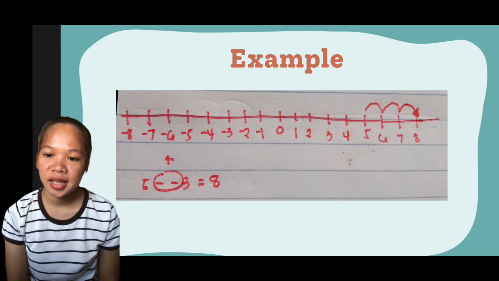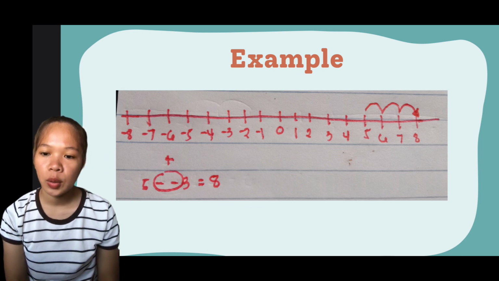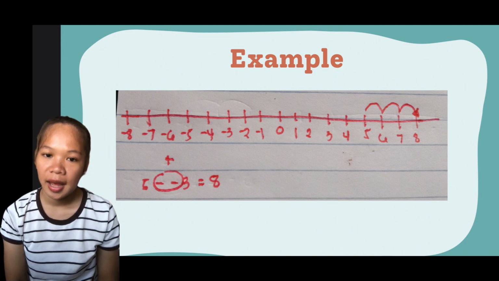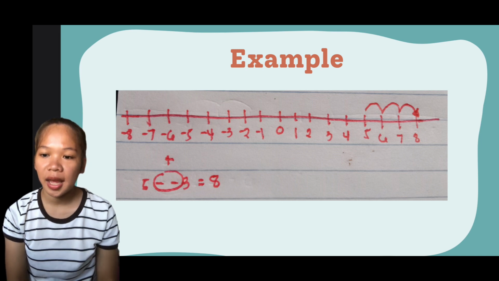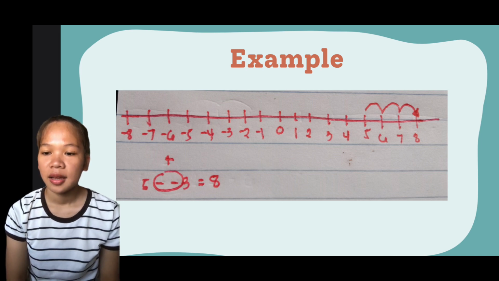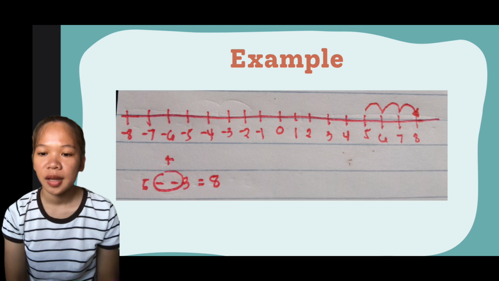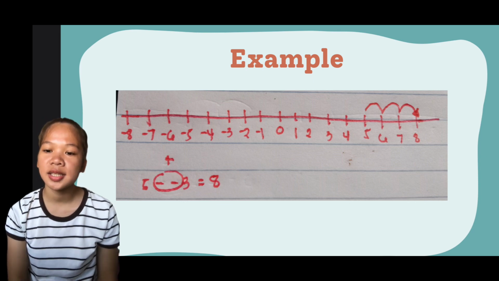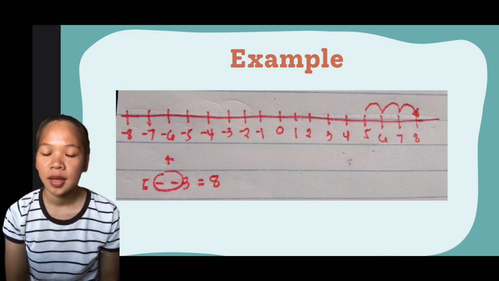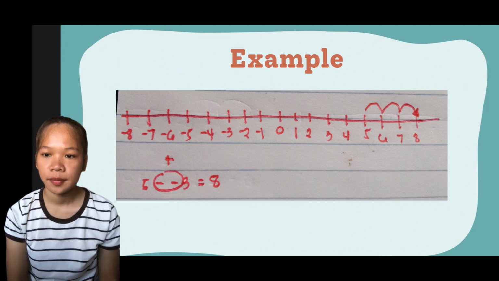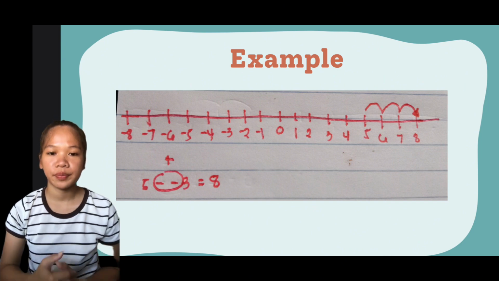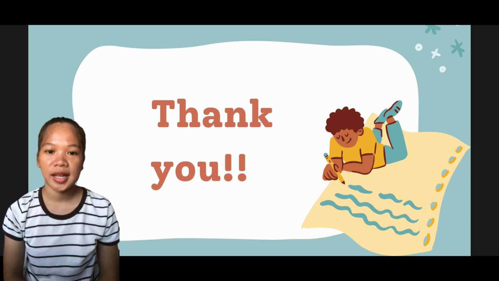That's why the answer is 8. Diba 5, we're going to land ka 3. From 5, we're going to jump ka 3 and maglaland siya sa number 8. And that's why the answer is positive 8 because positive naman sila lahat. So, that's all for lesson 3.